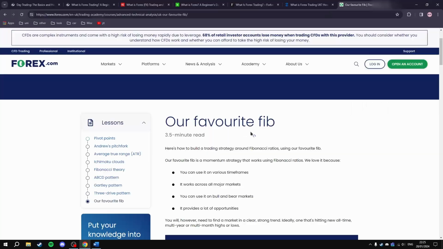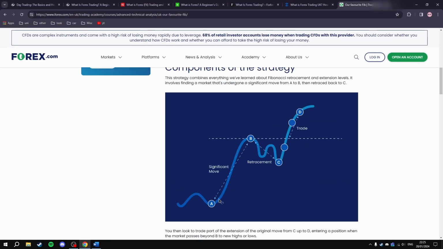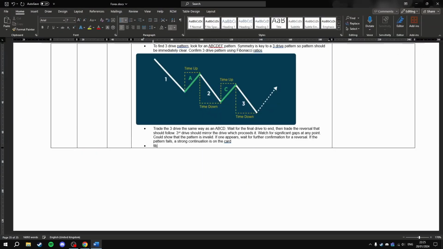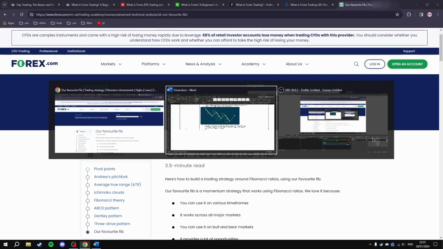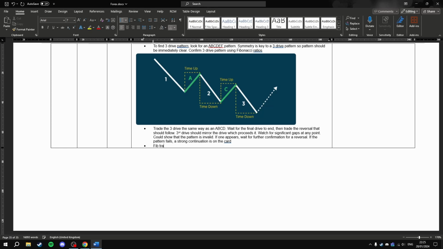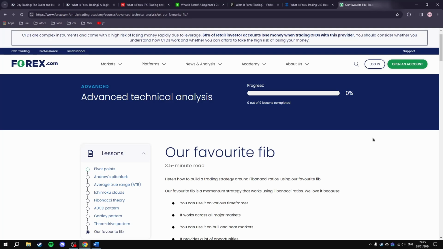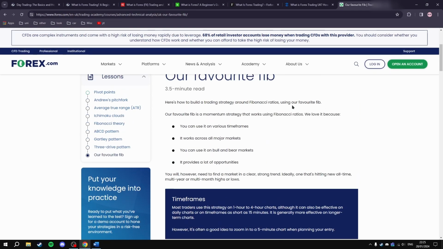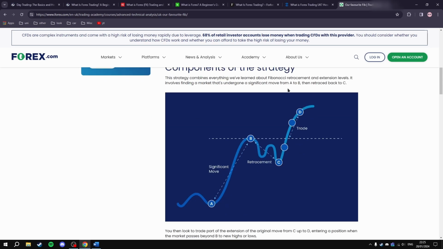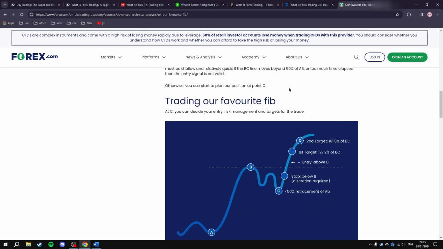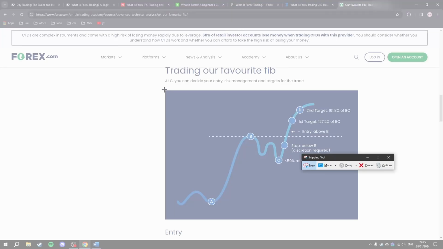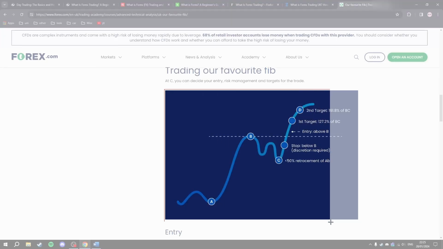This is pretty much that ABCD pattern, isn't it? ABCD. Oh well, I'll just do the fib trading strategy. So, let's do this one.